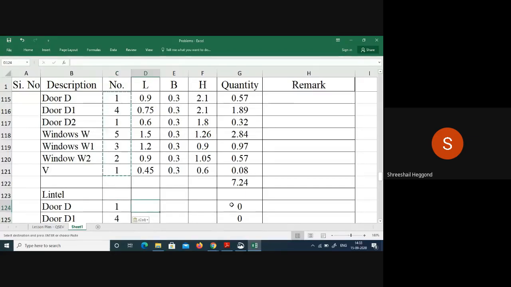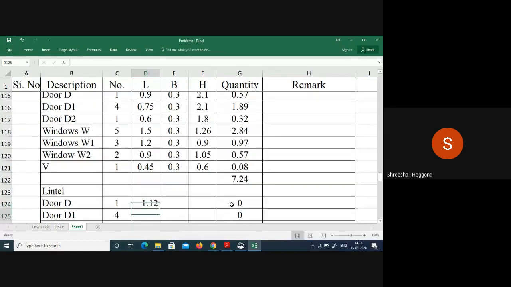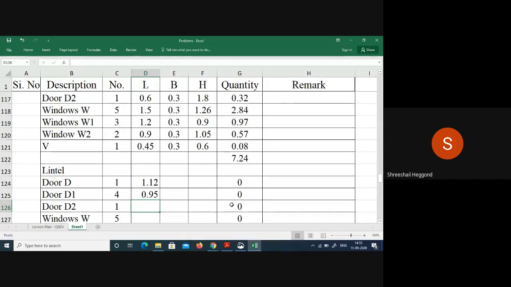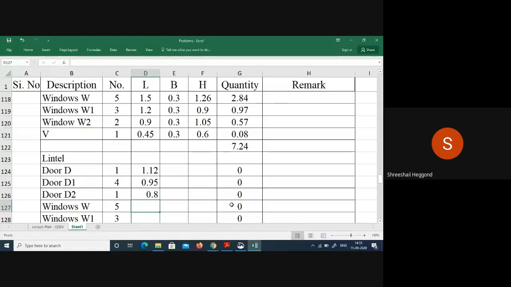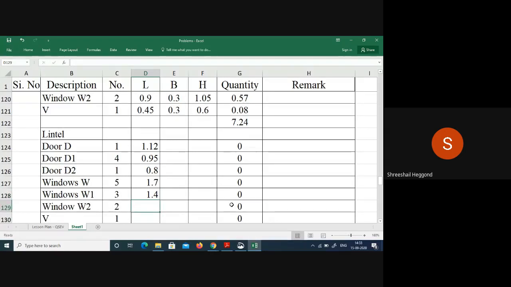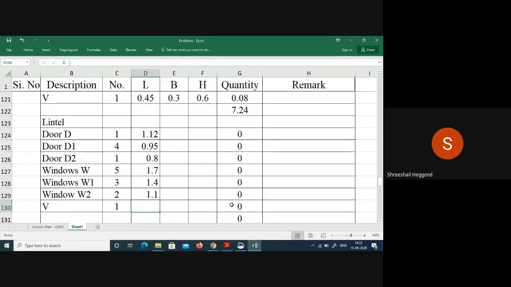Numbers will be given. If length is 0.9, both the sides 0.1, you have to add extra for lintel, that will be 1.1. Next, 0.75 plus 0.2, it will be 0.95. 0.6 plus 0.2, so 0.8. 1.5 plus 0.2 is 1.7. 1.2 plus 0.2 is 1.4. 0.9 plus 0.2 is 1.1. 0.45 plus 0.2 is 0.65.